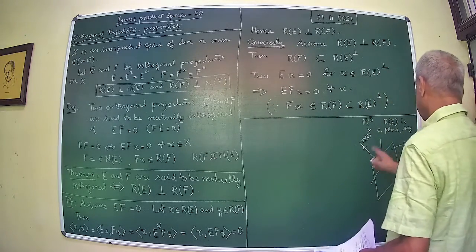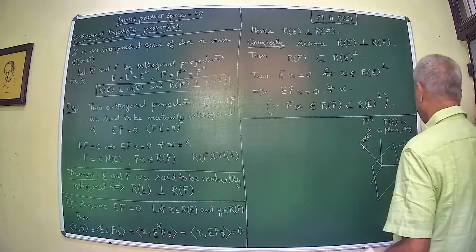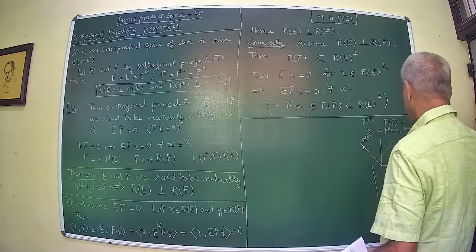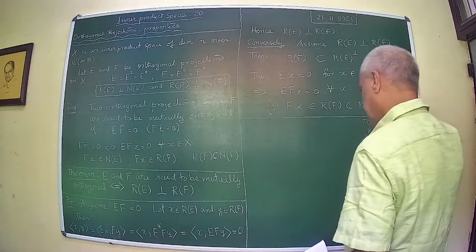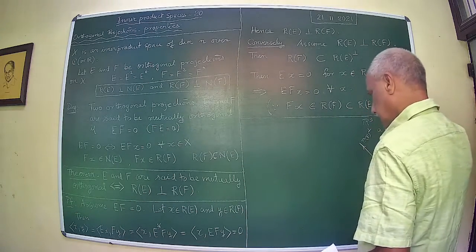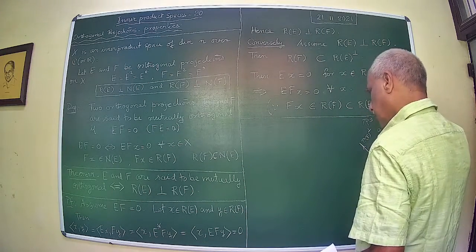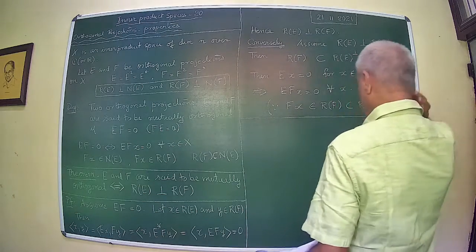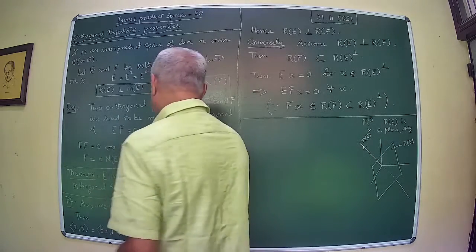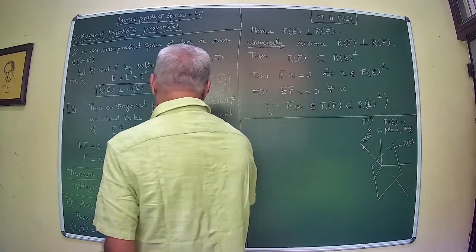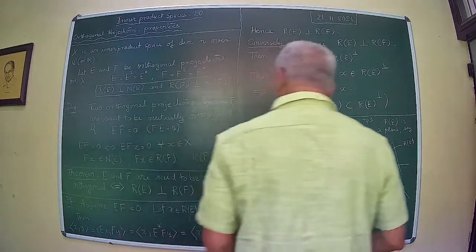Okay, so this is the resolution that you are talking about. Take any vector here, it is resolved into range of E and range of E perp. That is the action of E. Now what about F? This says that E and F are said to be mutually orthogonal if RE is contained in, is perpendicular to RF.